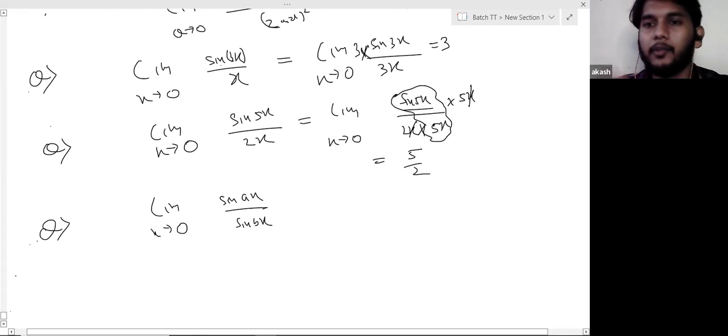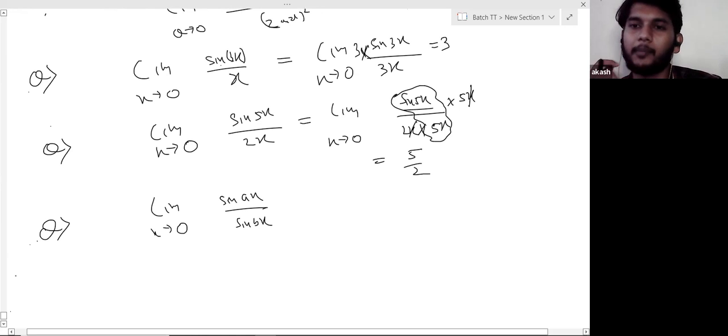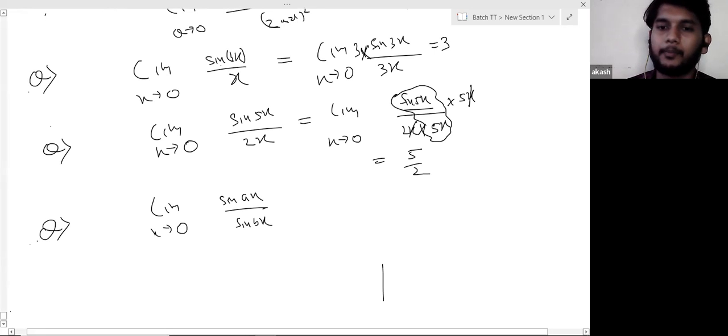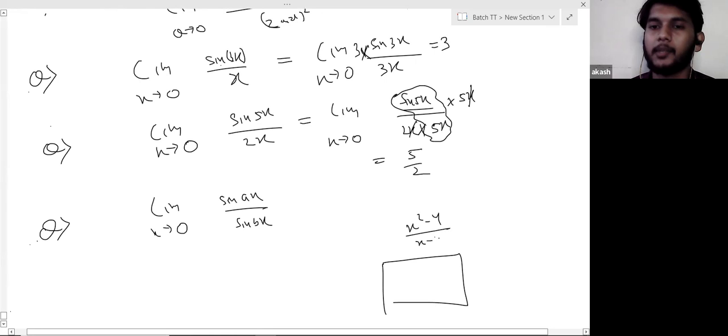See, Sahel, have you ever thought how we evaluate this limit, what is actually happening? By putting values, exactly. Suppose we have x square minus 4 upon x minus 2. Factorize and cancel out, then put the direct substitution.